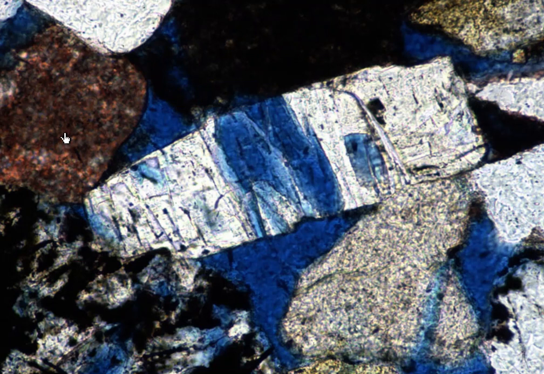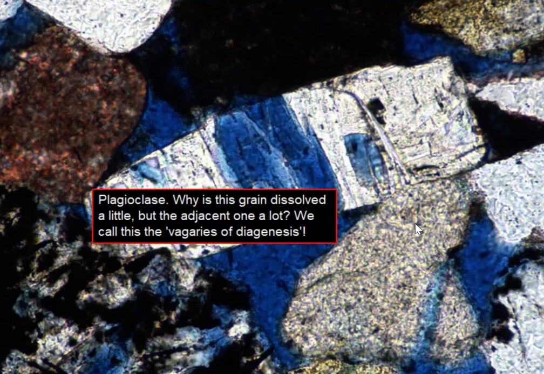So this might almost be getting over into a litharenite where we have volcanic rock fragments. Let's see what's up here. Another volcanic rock fragment. Okay, so this would be what we would call a very immature sandstone. Let's take a look here.